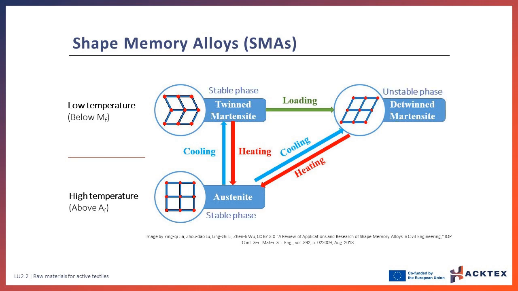However, the induced phase is not stable in these conditions, so it can be reversed by heating. This also releases the plastic deformation retained, recovering the original shape. Due to this, shape memory alloys can be used as actuators in smart textiles.